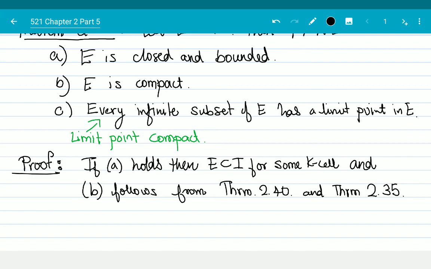Okay, we have shown B implies C by theorem 2.37.